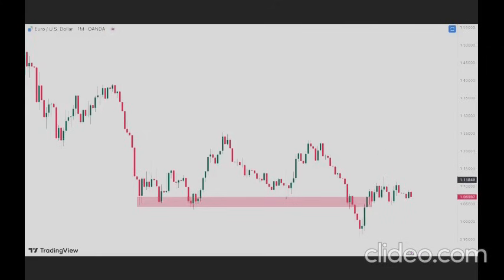Okay, so this is like our support. So it supported the market to bounce on it several times before it managed to break this zone.